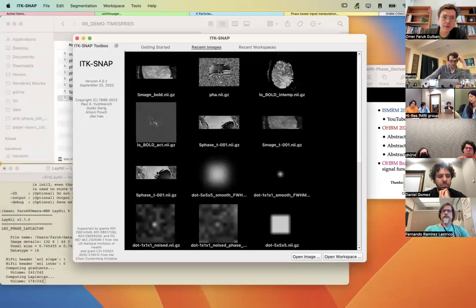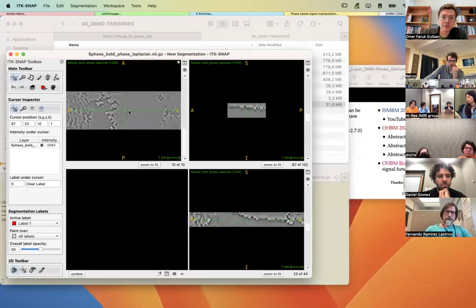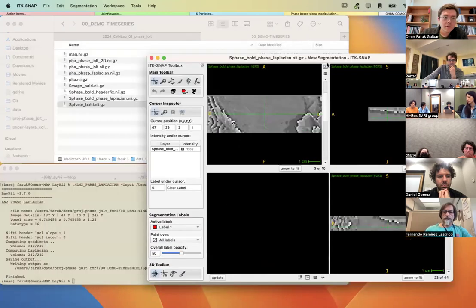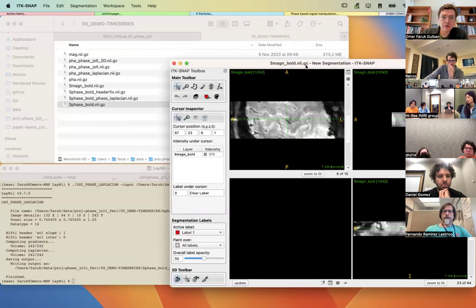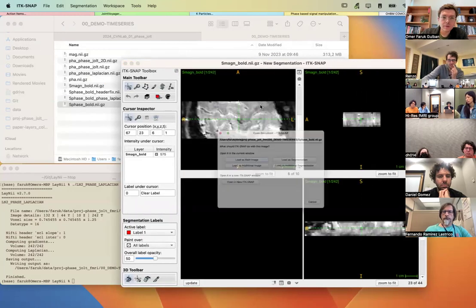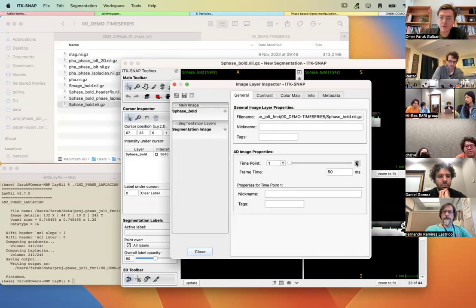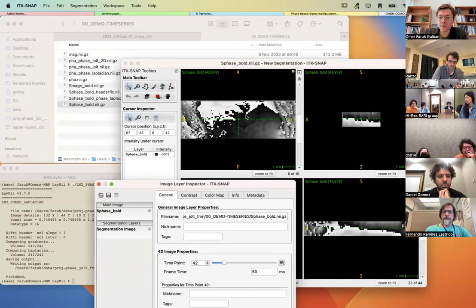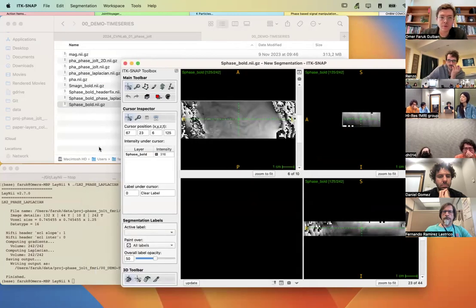Just to show you practically, this is a real phase time series. It was too fast, I meant this one. So this is fMRI time series data, and I have now computed the phase Laplacian.